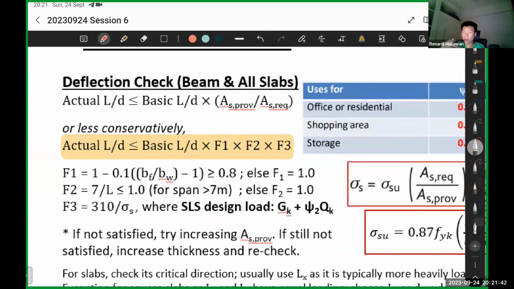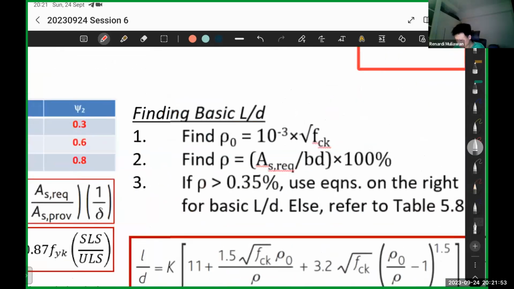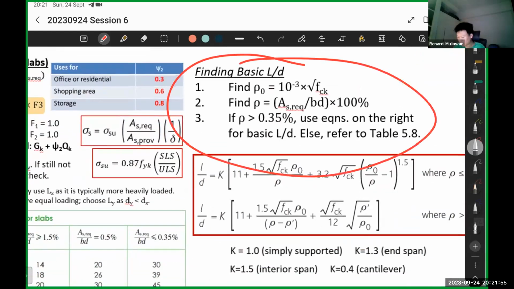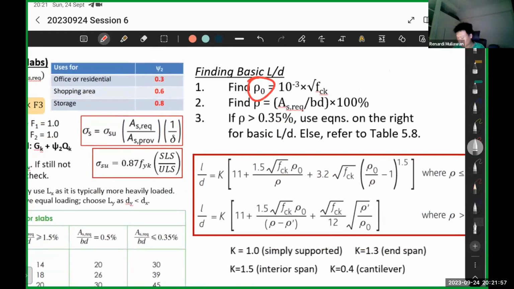The Eurocode engineers have done a few experiments, then they say, okay, this is basically your limit. It's the basic L over d. Basic L over d can be found by these steps. You find rho zero. Honestly, I'm not sure what this represents, but it's in the formula, so just plug in. Then you need to find rho, the reinforcement ratio from just now.